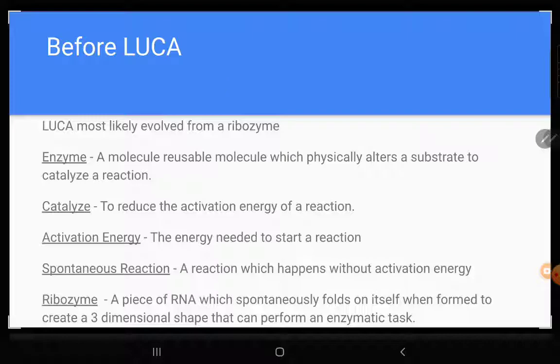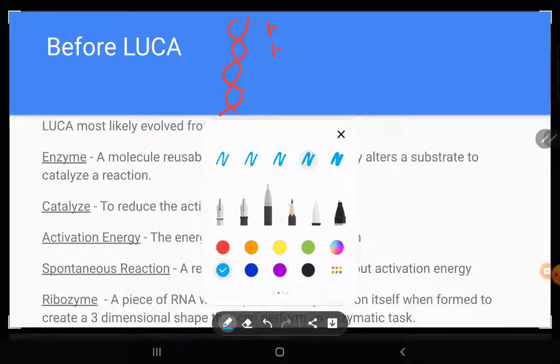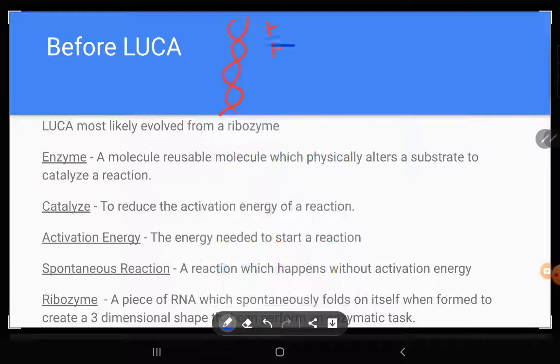What is DNA? DNA is essentially just information. DNA is made of tiny little parts called nucleotides. Those nucleotides connect together with phosphates to each other.